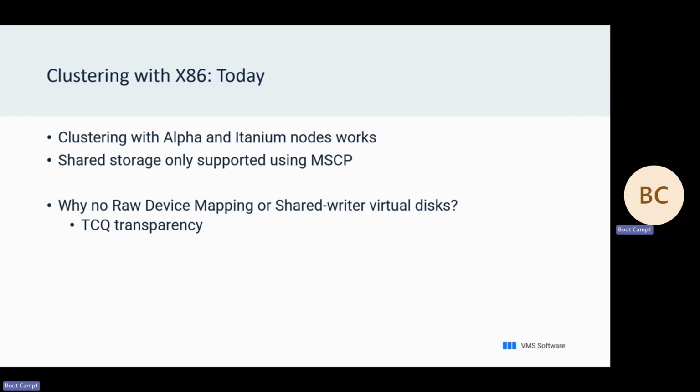These are mechanisms that VMware provides to run, for instance, an Oracle RAC cluster or a Microsoft cluster. The reason this doesn't work with VMS is that, unlike other clustering solutions, VMS has multiple systems writing to the same volume at the same time.